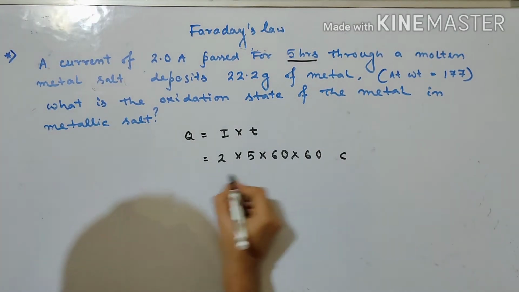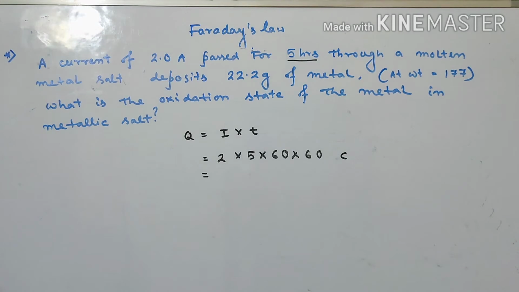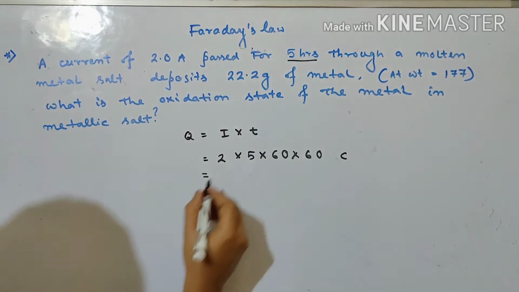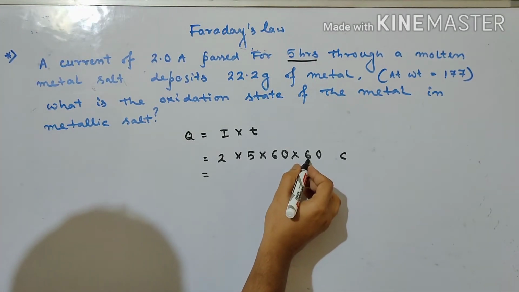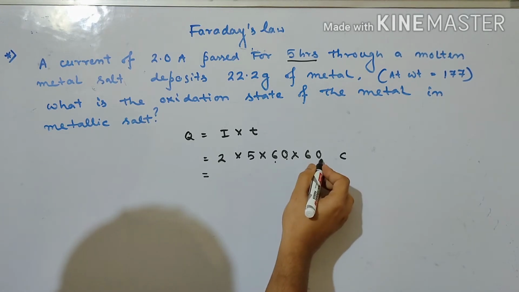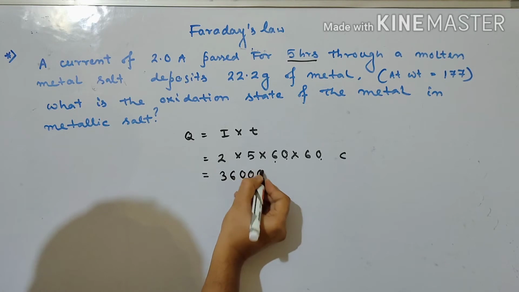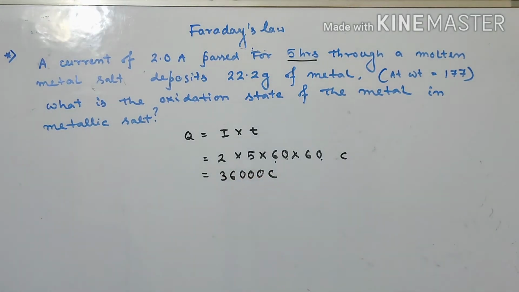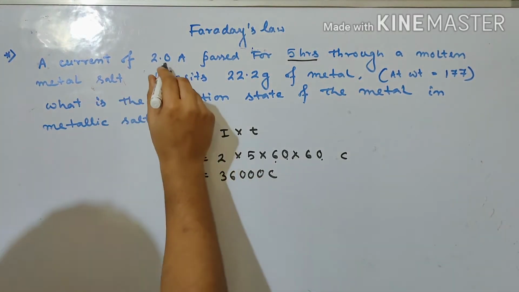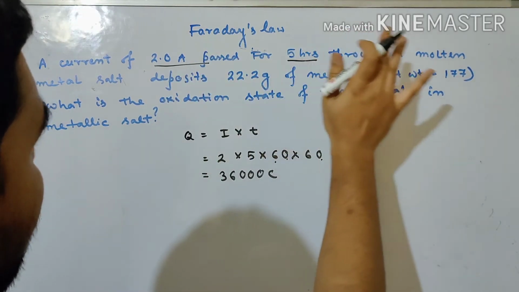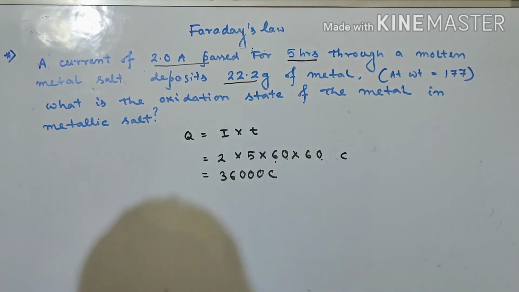If you calculate, you will be getting 36,000 coulomb. So according to the question, this much of current, if it is passed for 5 hours, deposits this much of metal.